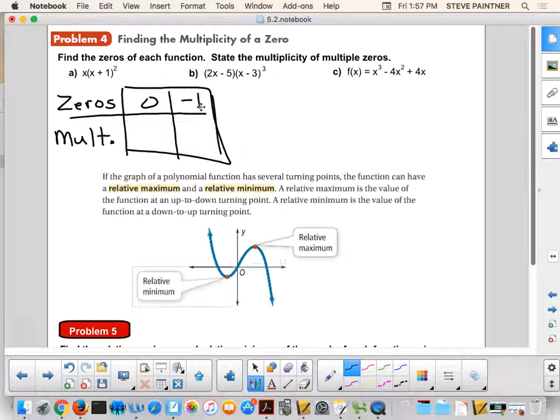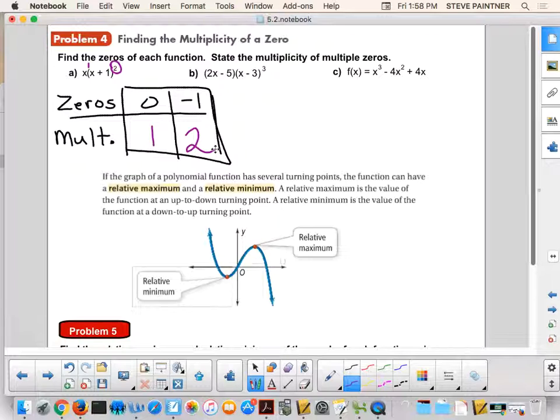How many times did 0 happen? 1. I only see it once, and the reason I say once is because it says x to the first. Now this -1, I know it's a 0, but it happened twice because the exponent says 2.